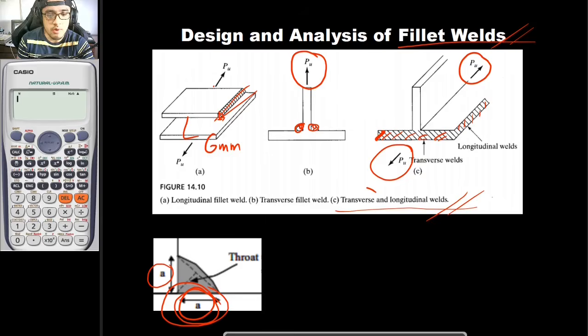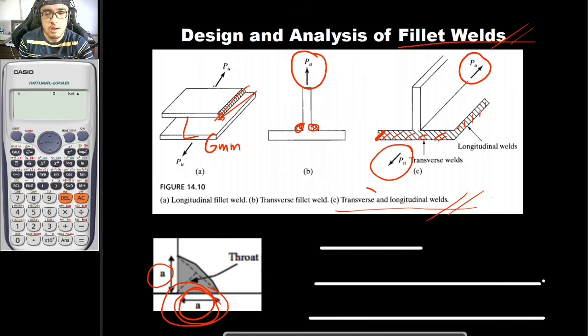So once again, if you have a certain member, let's say this is your connected members, and let's say this is a member that is thicker than 6 mm, thickness greater than 6 mm, your weld should be in this dimension right here.